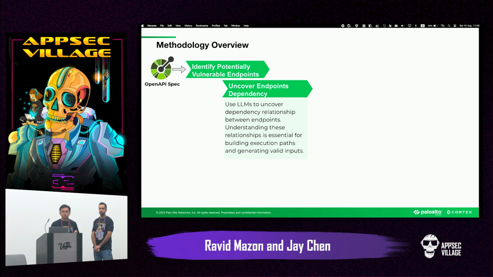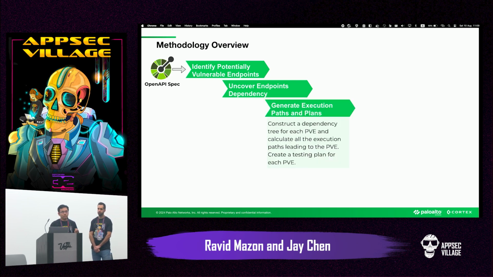As a result, it is crucial to understand the endpoints that my target endpoint depends on before I can accurately test it. With the dependency relationships identified, the next stage calculates the execution path to each target endpoint and creates a test plan for each target endpoint.